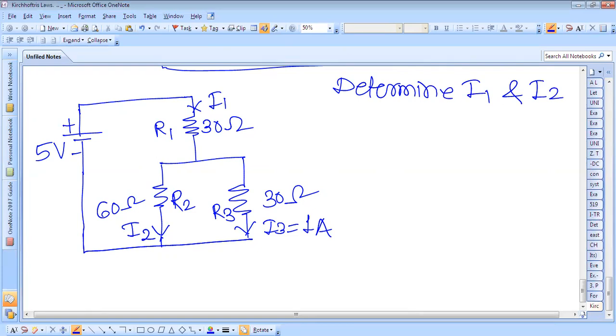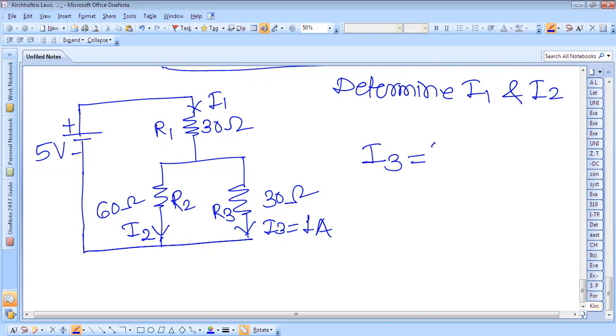We have to consider all the concepts we have seen regarding series and parallel circuits. Here this is the total voltage source, the current is coming here, and the current is divided into these branches. How can we calculate this I3? Just by the current division method. I3 can be found if you know the total current flowing through this circuit.